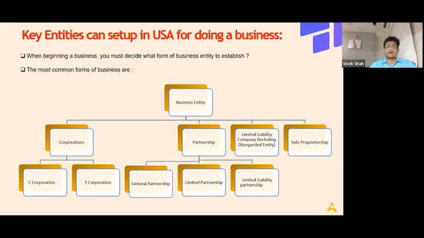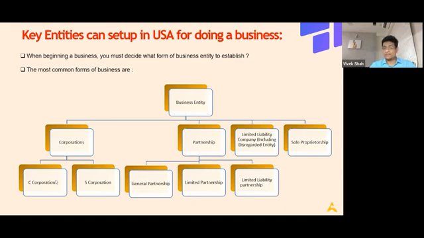So most of the time, for a foreign person, we as advisors suggest going with either a corporation or maybe an LLC. The taxation is totally different for the C corp and for the LLC with partnership taxation. So pass-through taxation versus entity-level taxation is always a consideration for any foreign person because this will impact a lot as far as taxation is concerned.